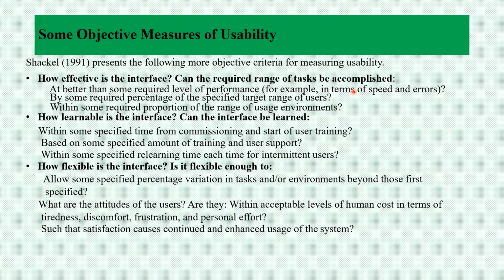Here the interface has been developed and handed over to the customer, and some of the questions that need to be answered are whether the interface is better than some required level of performance, or by some required percentage of the specified target range of users within some required proportion of the range of usage environment. So these questions have to be answered.